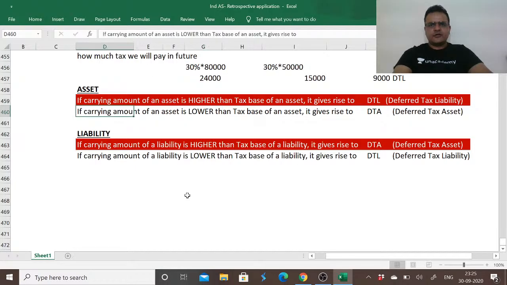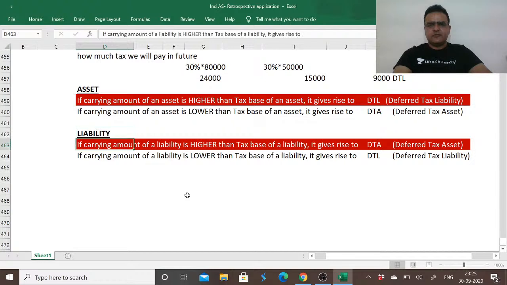The carrying amount of an asset is compared with the tax base of an asset. If carrying amount of an asset is higher than tax base of an asset, it gives rise to DTL.